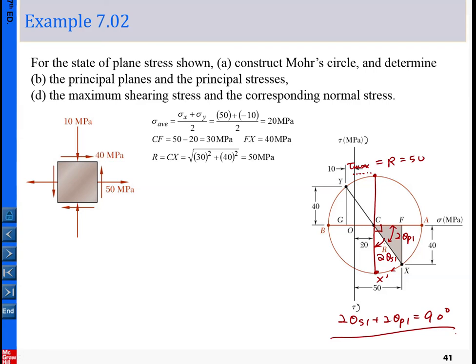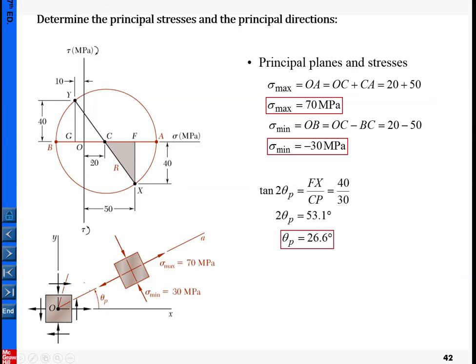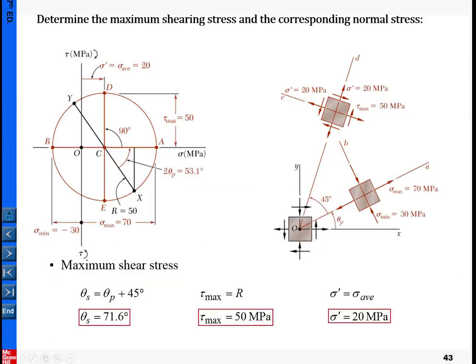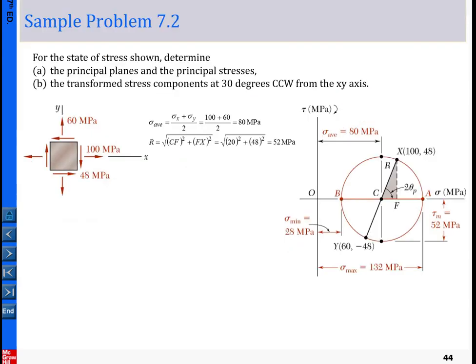The magnitude of the maximum shear stress is equal to R. The corresponding direction is theta s, using this equation here. That is the detailed calculation, and the sense is shown in the drawing of the block for your reference. This example is from our textbook, so you can get more explanations there.